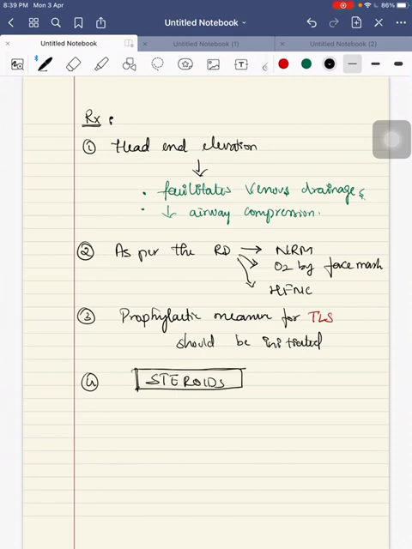You can start steroids. The steroids act efficiently by decreasing the lymphoma or leukemia in the mediastinal mass.